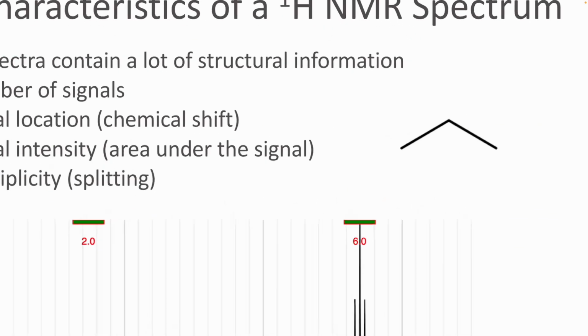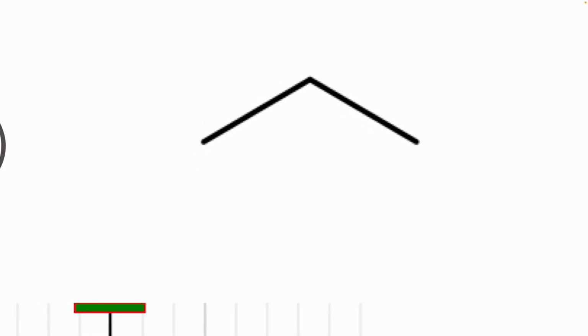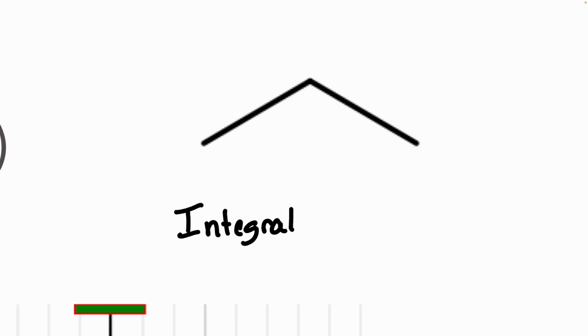All right, so, well, we'll worry about this multiplicity business here in a second. Let's take a very simple example. We're going to take propane here. I want everybody to take a second and tell me how many chemically distinct groups of carbons we have here. Really groups of hydrogens, I guess, but same concept, right? They all live on a carbon. How many do we see? Two.